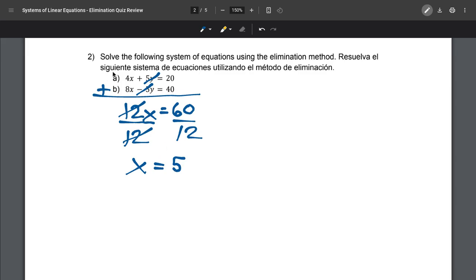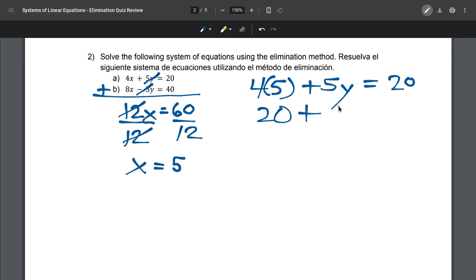Now we've got to plug into one of these equations. Let's just pick the top one. So instead of 4 times x, we're going to do 4 times 5 plus 5y equals 20. 4 times 5 is 20, plus 5y equals 20. So you might be able to see here that y is going to have to be 0, because we're going to have 20 plus 0 equal to 20.